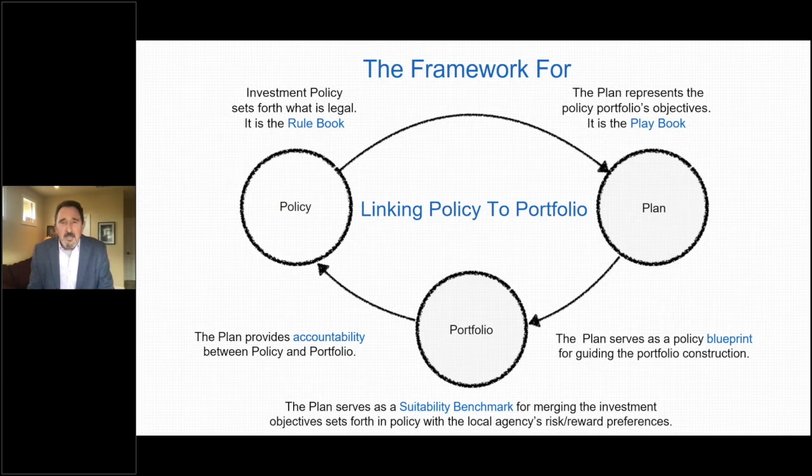At the end of the day, the investment plan serves as a suitability benchmark for merging the investment policy objectives set forth in your policy with your local agency's risk-reward preferences.